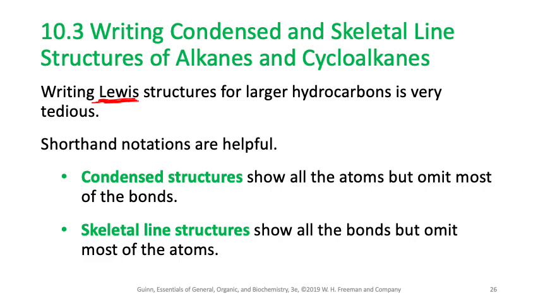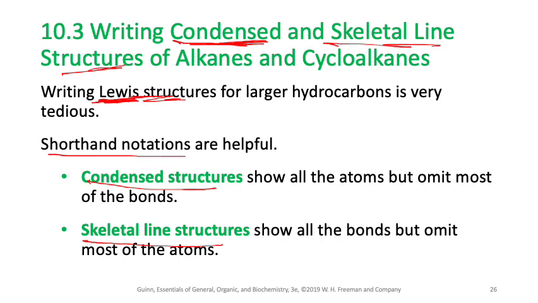So we're going to use a different way of writing an organic compound, which we call a condensed way of writing or a skeleton line structure. We're going to learn these 2 ways of writing besides the Lewis structure that we already learned. Condensed structure and skeleton line structure both are shorthand notation ways of writing.